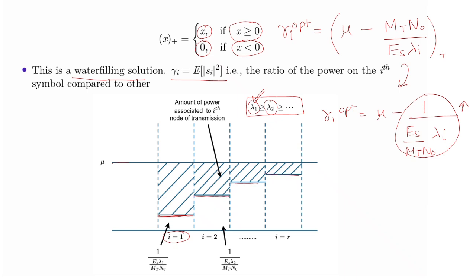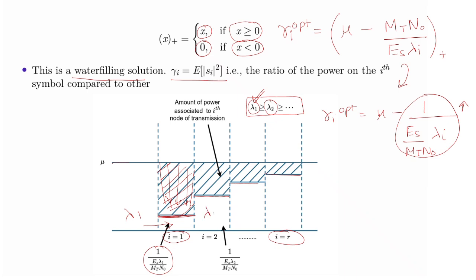We have R modes because R is the rank of the matrix. Whichever lambda has a higher value, you are giving more power to that stream. This has higher lambda 1, this value is lower, so the level is lower, and you are putting more and more power to this particular case.